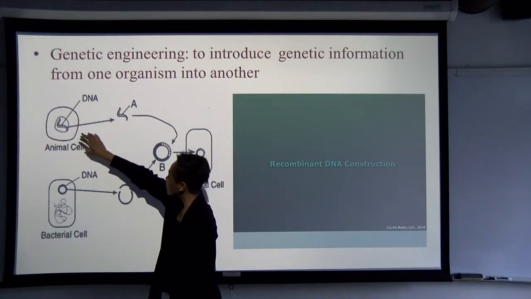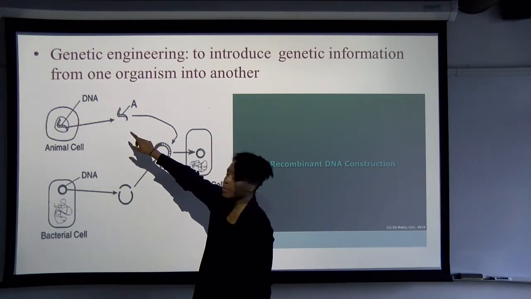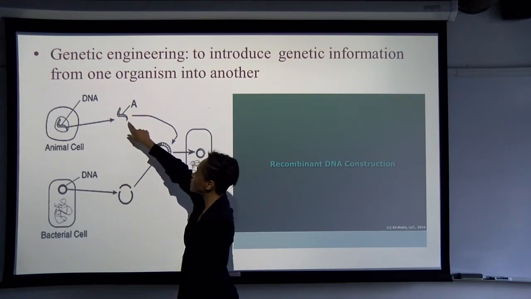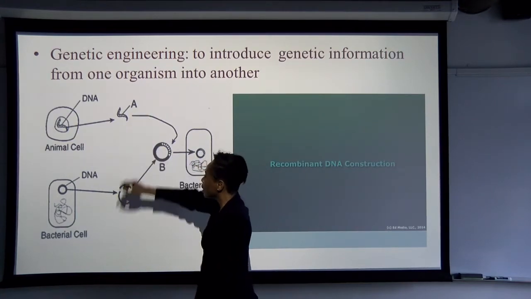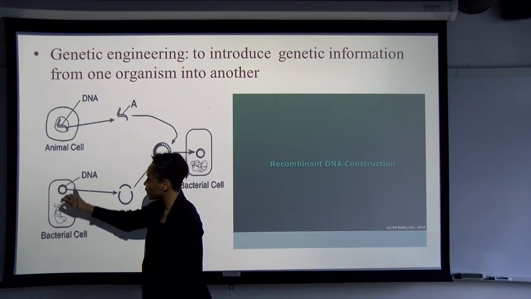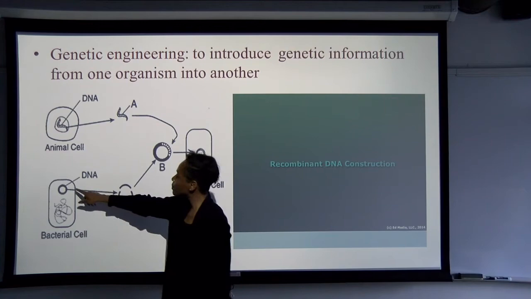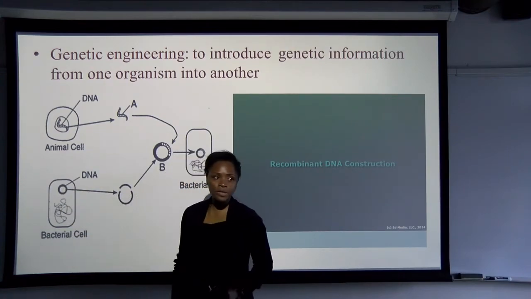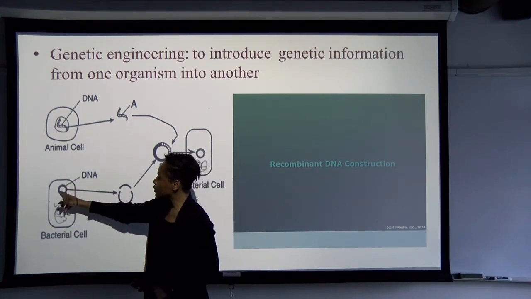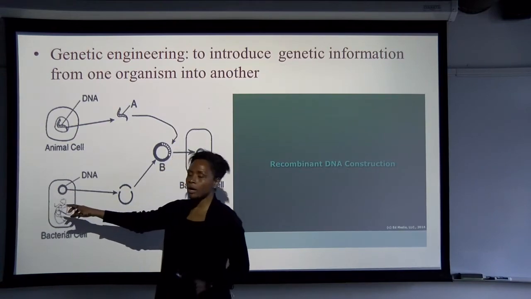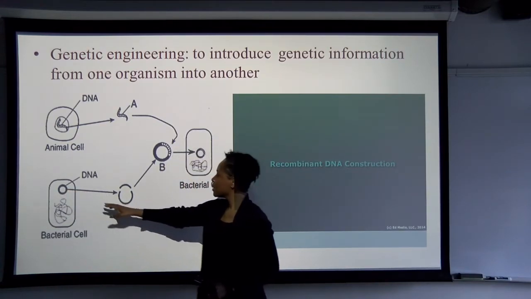We'll cut out the part of the DNA that has that specific genetic information. Inside the bacteria there is plasmid DNA, and from that plasmid DNA, you could use the same procedure. By using a restriction enzyme, you could cut out a portion of the plasmid DNA.